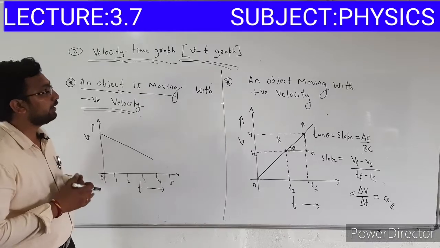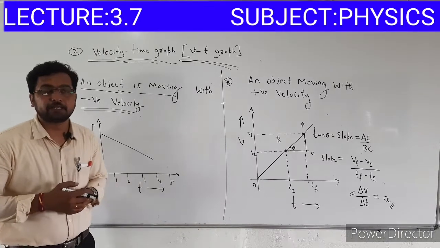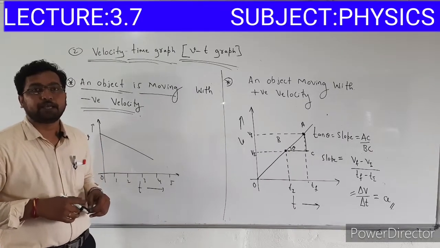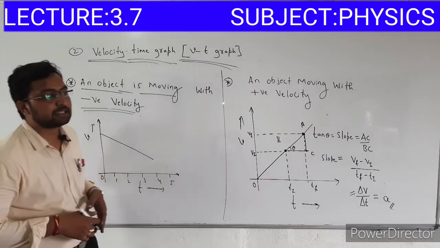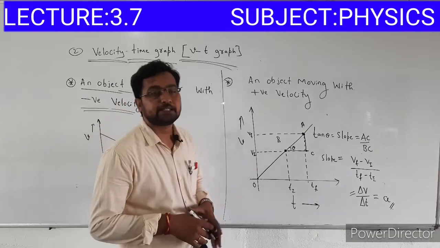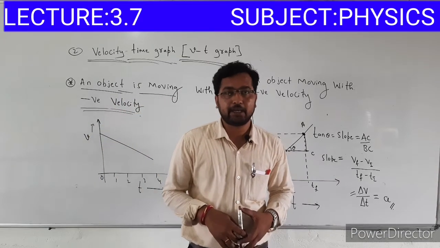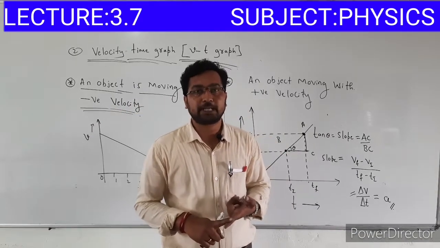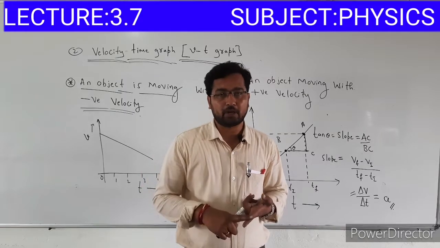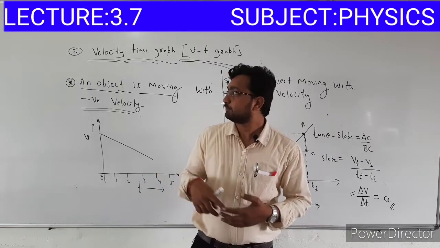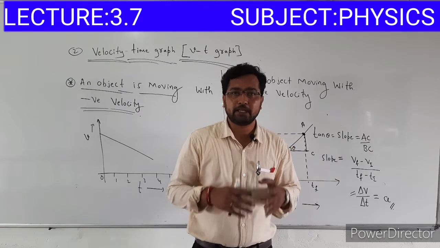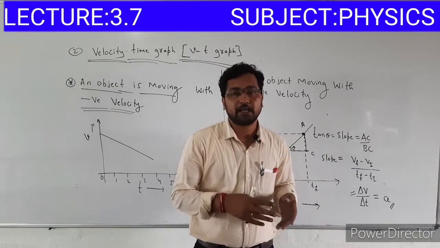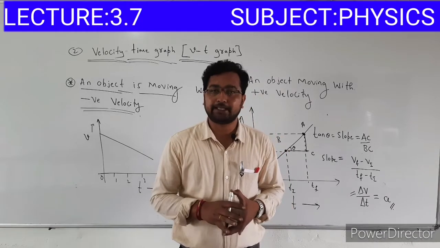In today's class we have discussed the position time graph and velocity time graph. In the position time graph, the position is taken along the y-axis and time along the x-axis, and the slope of the position time graph gives the velocity. Next, in the velocity time graph, the velocity is taken along the y-axis and time along the x-axis.